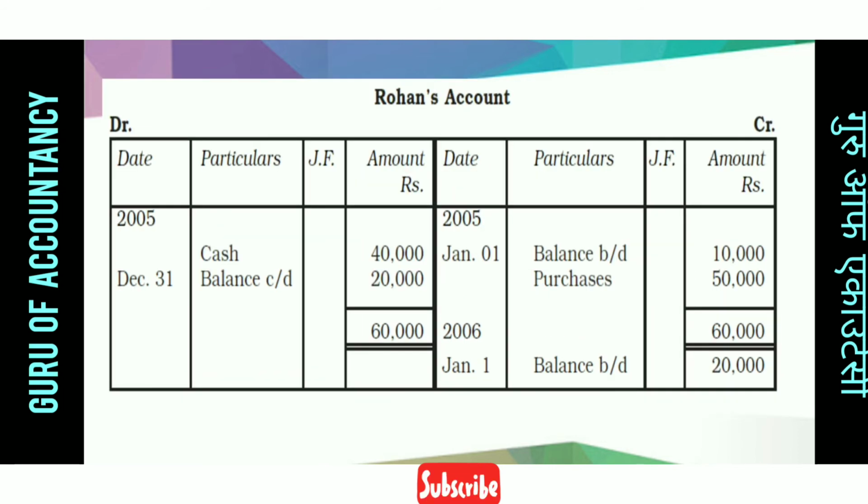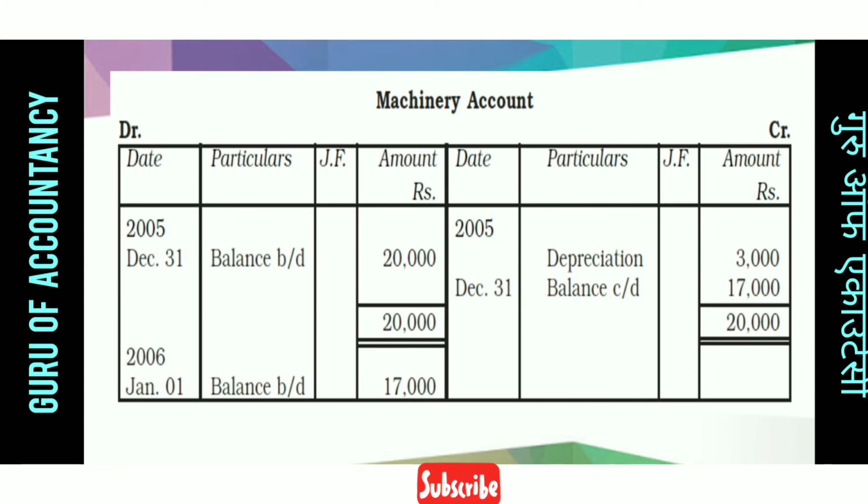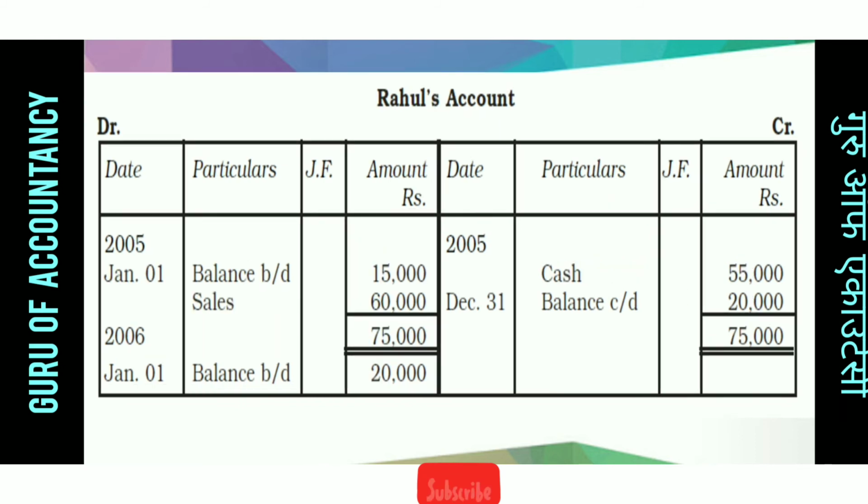Rohan's account. You can see here also balance is found on December 31st on the debit side and balance is 20,000 rupees and it is a credit balance. Machinery account, you can see balance is found on the credit side December 31st, balance carried down 17,000, it is an asset, it has debit balance.